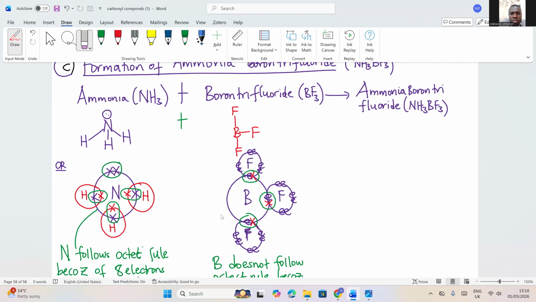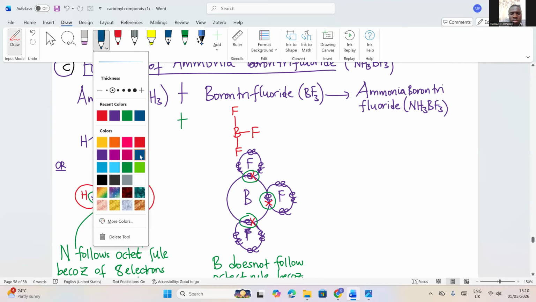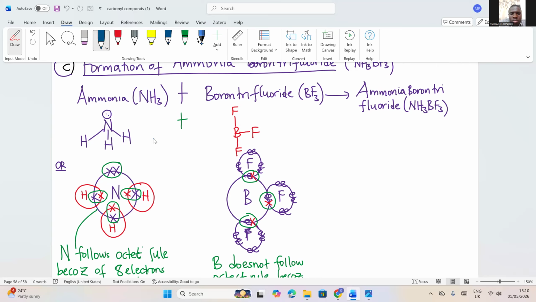So that's why we have electrons transferred from here to B, like that. Or they are transferred from there.